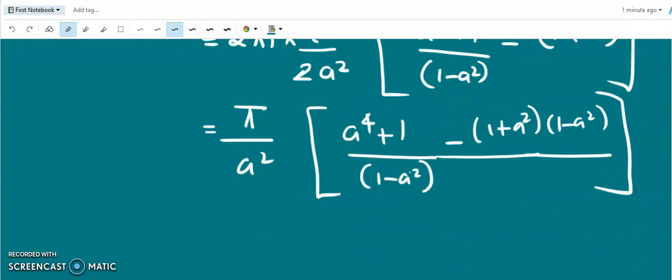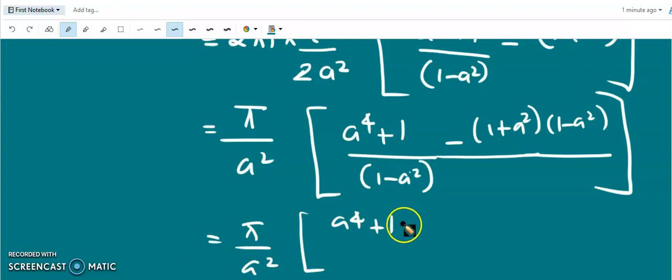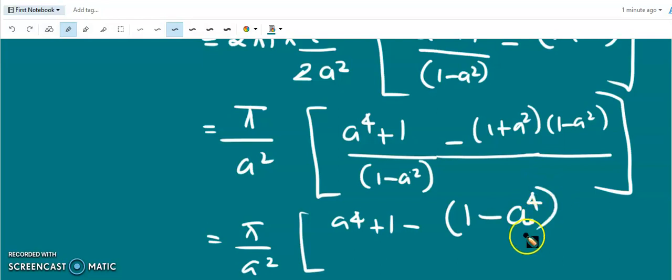So we have pi by a square into a to the power 4 plus 1 minus a plus b into a minus b is a square minus b square. So that is 1 minus a square whole square. That is a to the power 4 divided by 1 minus a square.